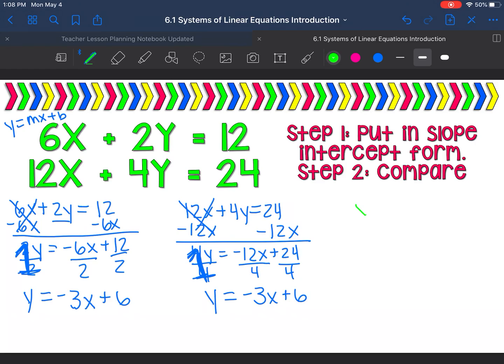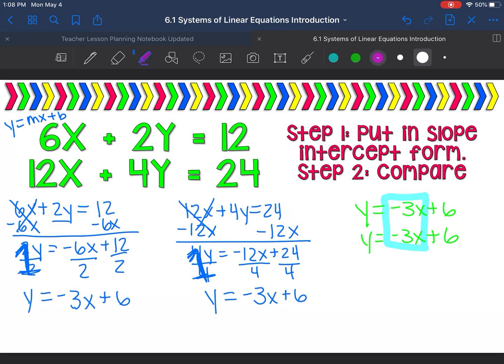So now I can bring my two equations over here and I can compare. y equals negative 3x plus 6 and y equals negative 3x plus 6. So let's take a look at these. First thing we're going to look at is our slope. Do I have same slope or different slopes? Same slopes.